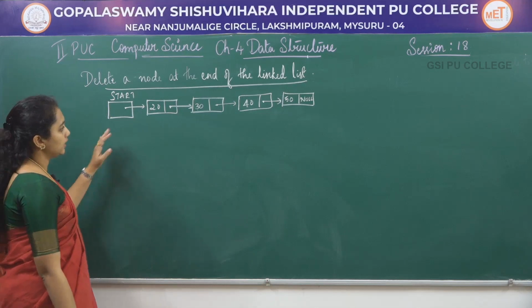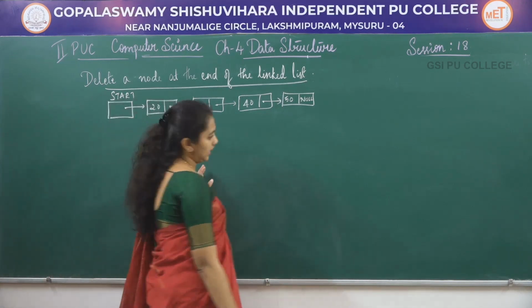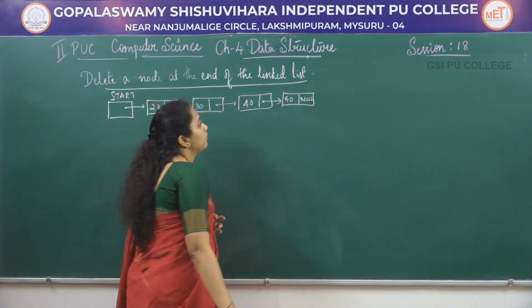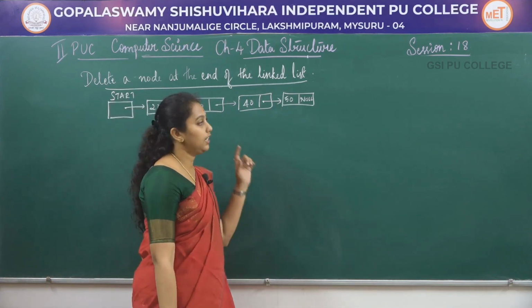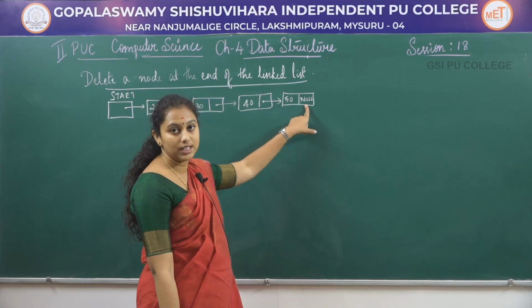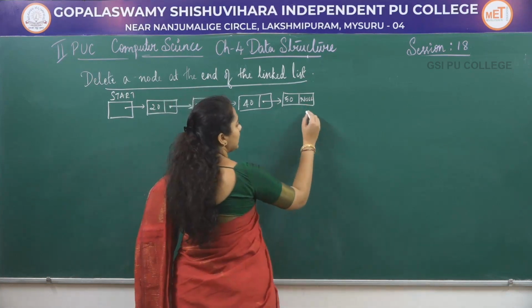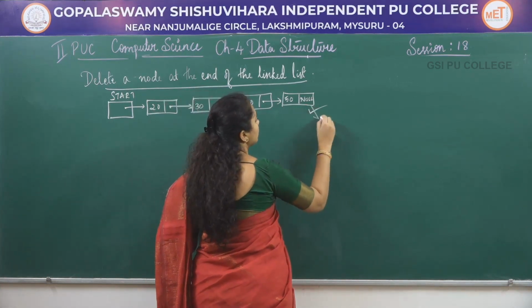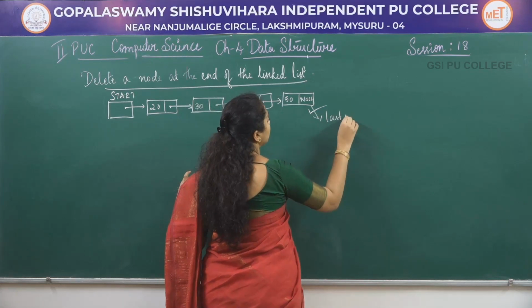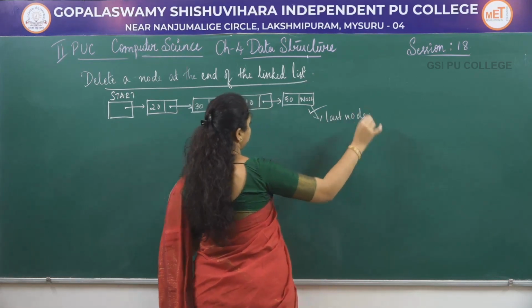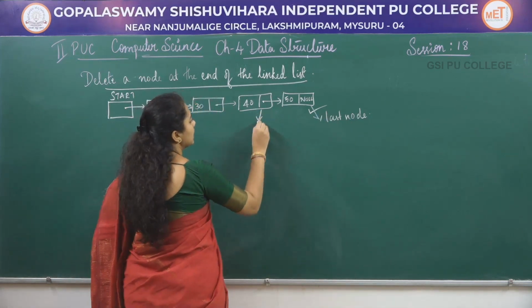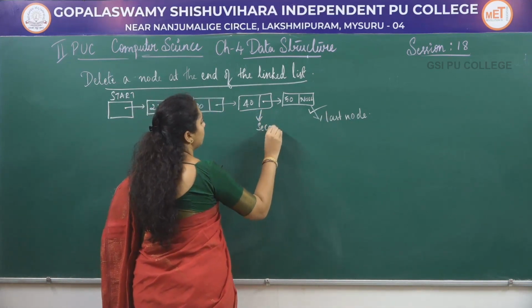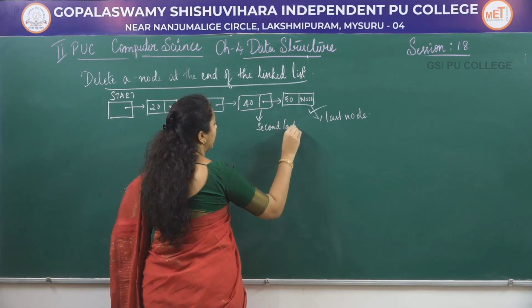So while deleting a node at the end of the linked list, how to find the end of the linked list? If a node contains null in the link field, then we say it is the last node of the linked list. So this is the last node and this is the second last node.